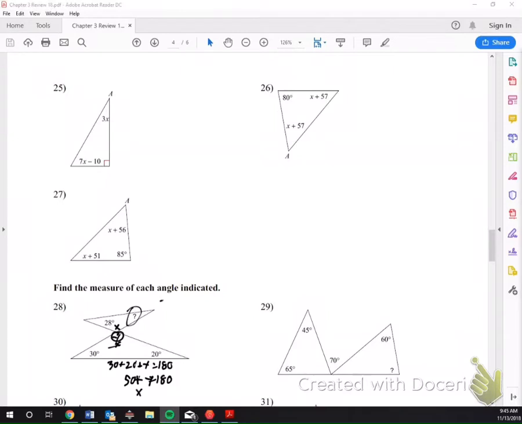Subtract 50 from both sides, and I get Y equals 130. Now I know that if that's 130, it's 130 up top. Because again, if you go back to the beginning of this, they were equal. So I have 28 plus 130 plus the question mark equals 180. Combine like terms, I get 158 plus the question mark equals 180. Or the question mark equals 22.